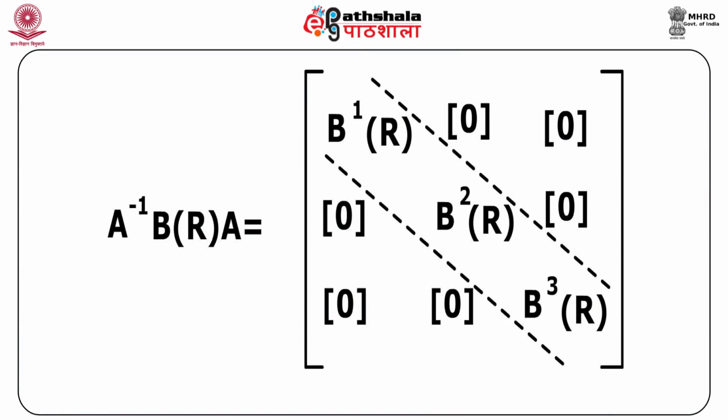That is, I am taking similarity transformation of the matrix B(R) by A, and by doing this I am able to factor the larger matrix B(R) into smaller matrices B1(R), B2(R), B3(R). This can be done by just carrying out the similarity transformation.